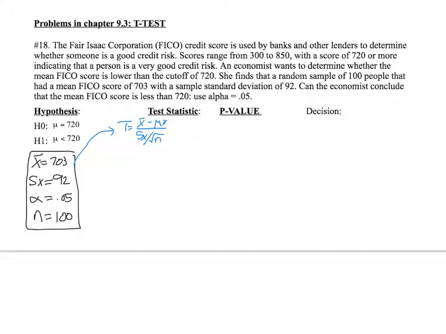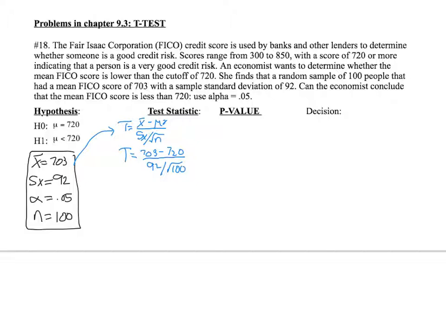When we do that, we have t is equal to 703 minus 720 divided by 92 divided by the square root of 100. And that's our standard error, 92 divided by the square root of 100.